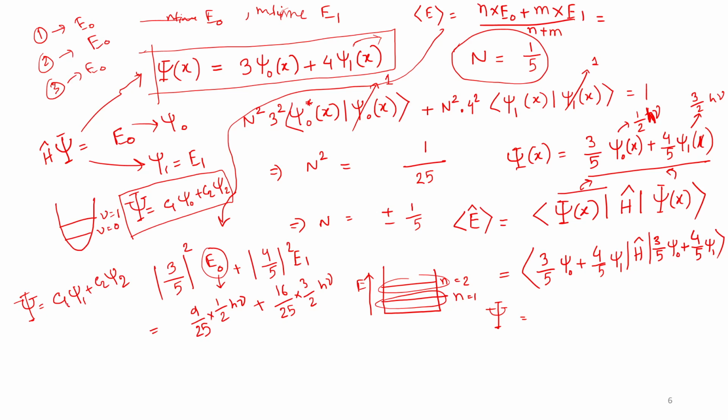That means we have a wave function where two of the states, two energy states, are entangled in such a way, C1 psi 1 and C2 psi 2. That can be one possibility.